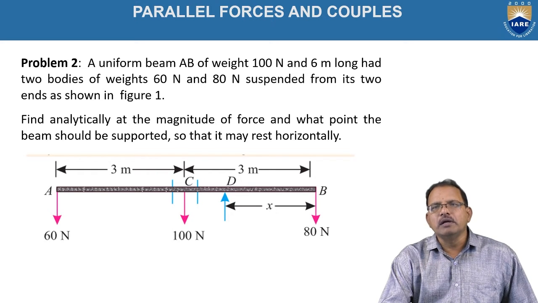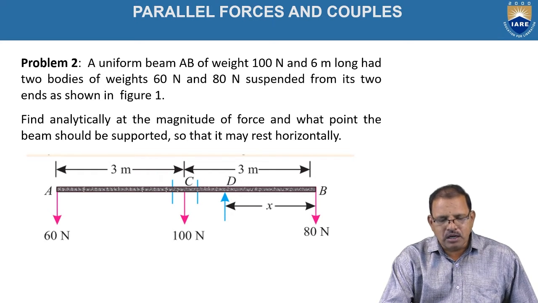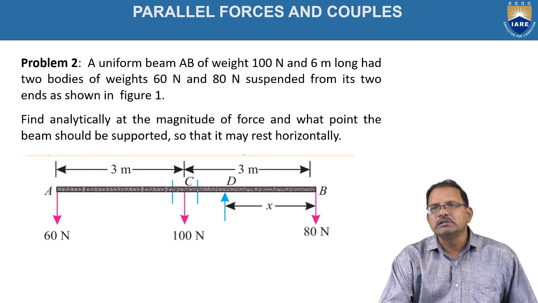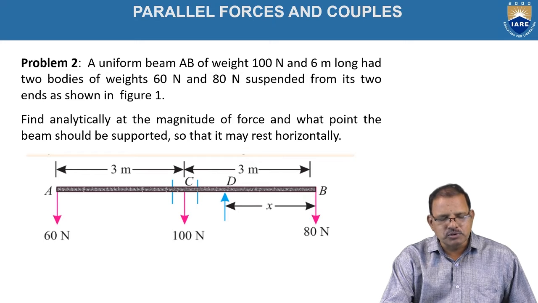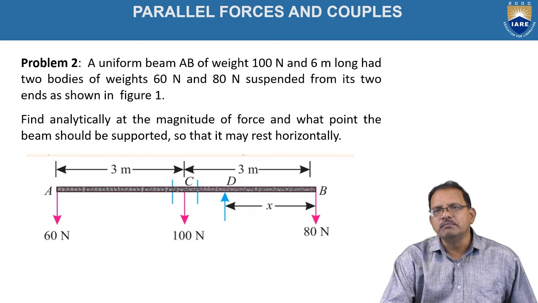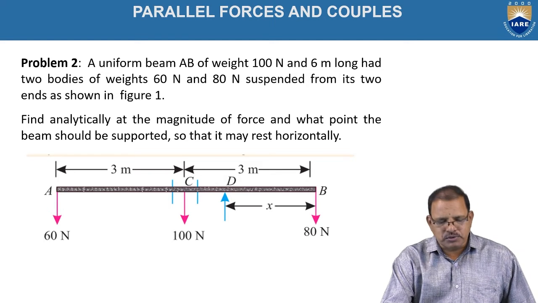A uniform beam AB of weight 100 newtons and 6 meters long has two bodies of weights 60 newtons and 80 newtons suspended from its two ends, as shown in the figure. Find analytically the magnitude of the force and the point at which the beam should be supported so that it may be in a horizontal position.